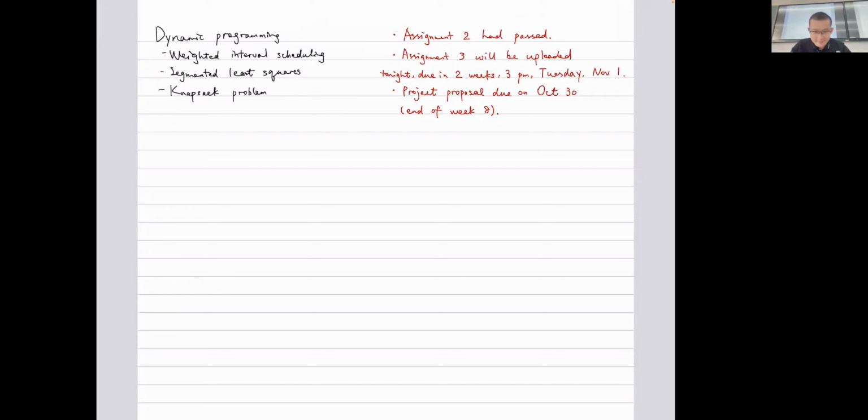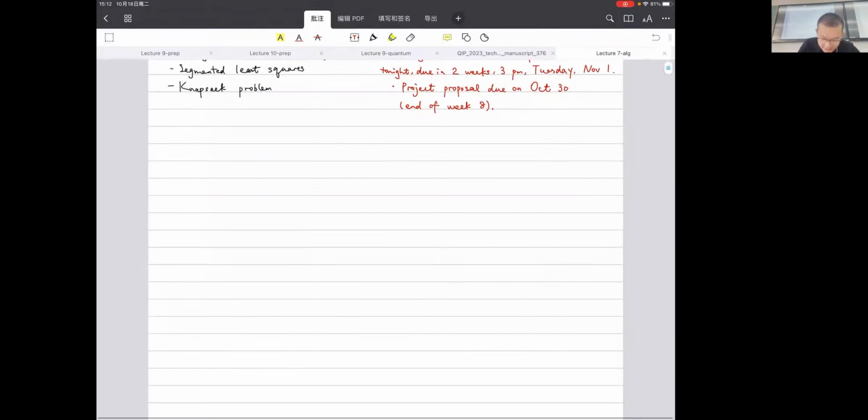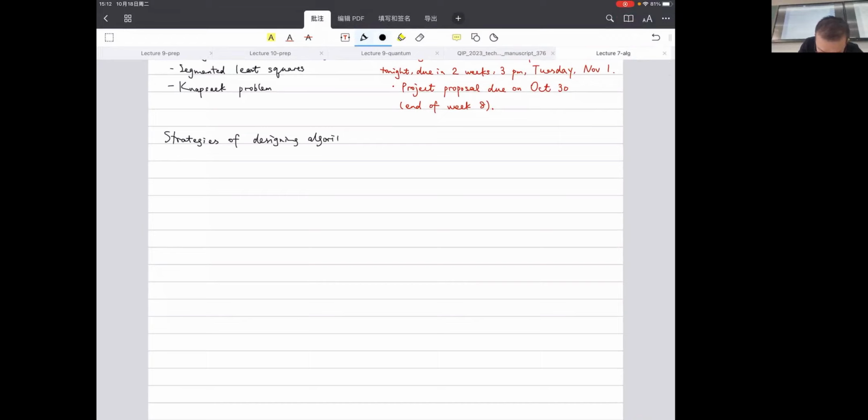Let's start with the general intuition about dynamic programming. Among the strategies of designing algorithms, we have mainly been seeing 2 strategies. First, we introduced greedy. For greedy, the idea is that at each time we decide what we are going to do next.